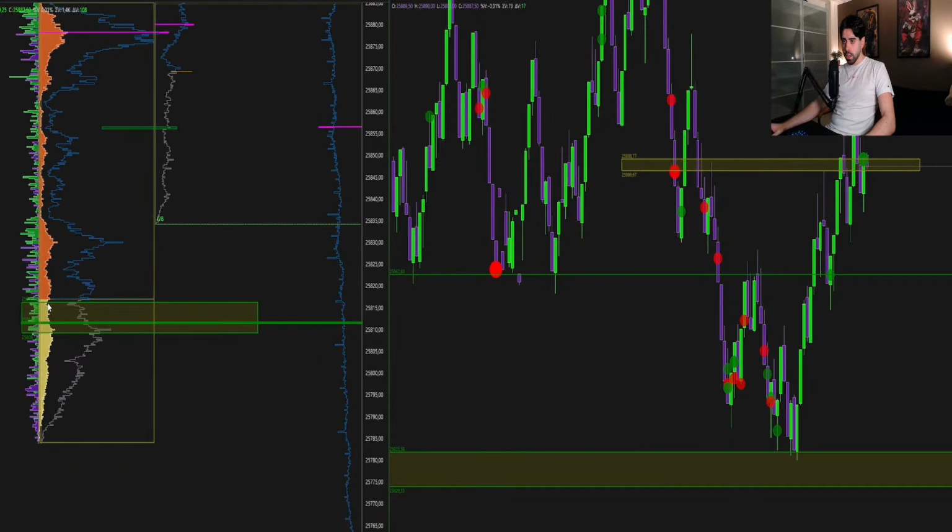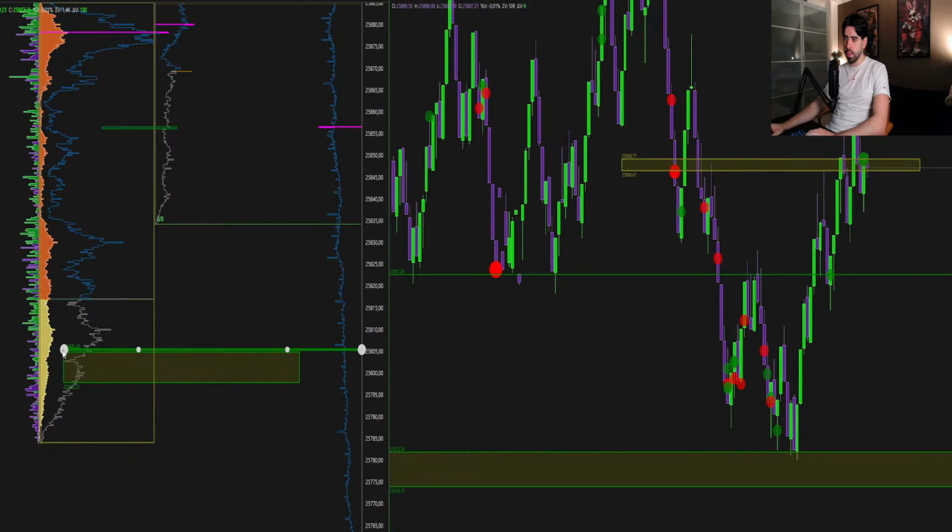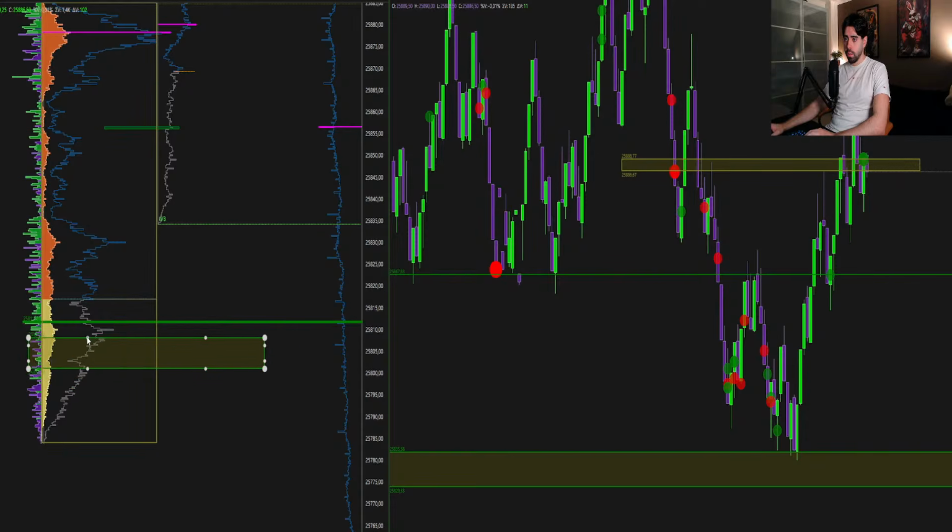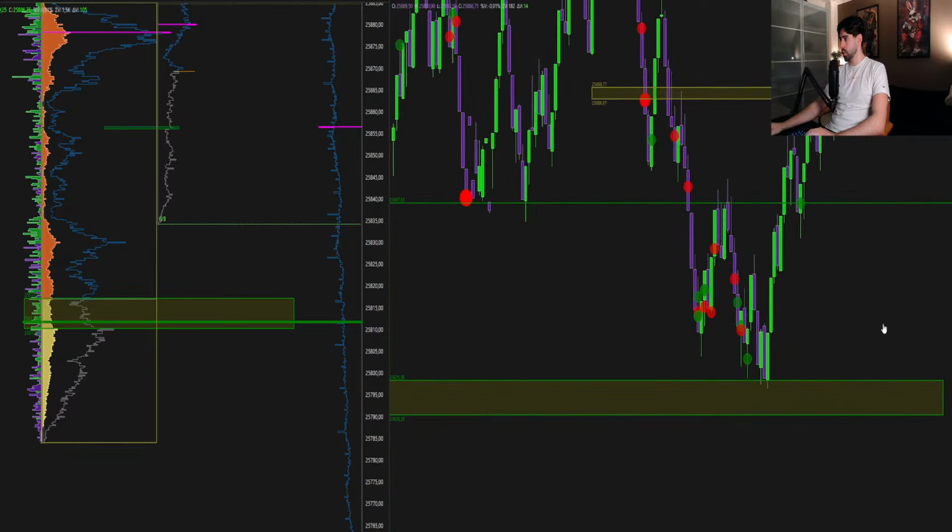I zoom in and take the most significant aggression level below the value area, which is right here. Since this is also a cluster of buy aggressions, I mark this out too. So if price comes down here, I can take a trade.